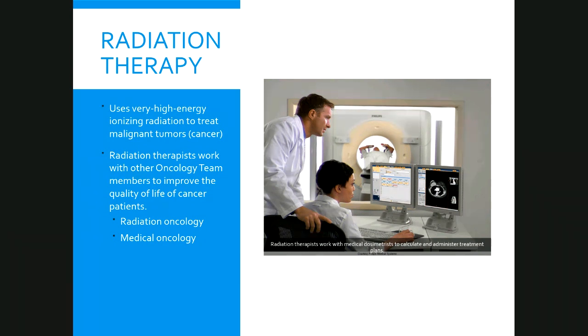If you're a technologist that went on for another year, then your initials would be RT, which means registered technologist. Then you would have a T in parentheses for therapy, and then an R in parentheses for radiology.